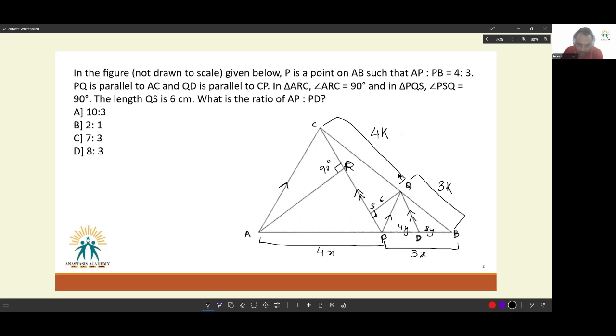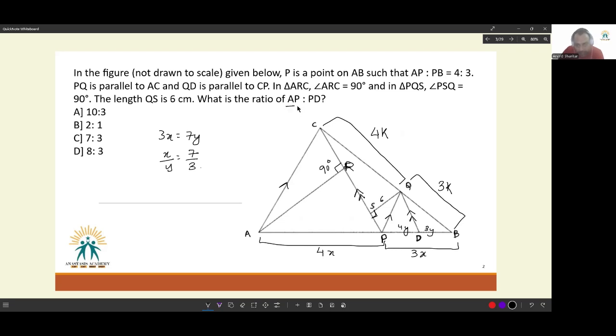Again, CQ is to QB is 4 is to 3, so PD is to DB will also be 4 is to 3. Which means 3x is the same as 7y, or x by y will be equal to 7 by 3.